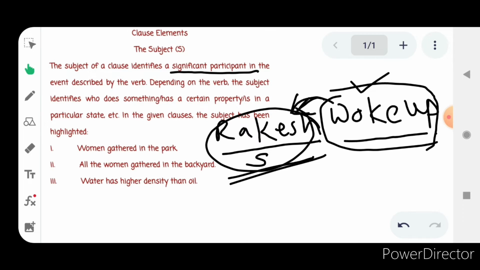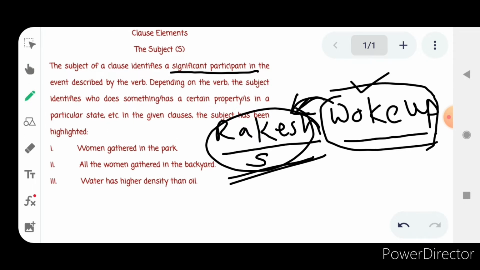What it says next? Depending on the verb means this Rakesh subject depends on the verb. Depending on the verb, the subject identifies who does something or has a certain property or is in a particular state.